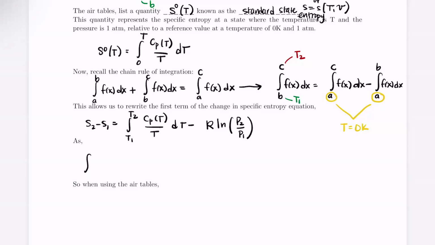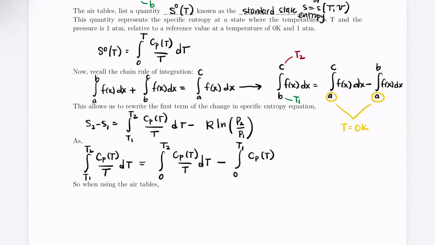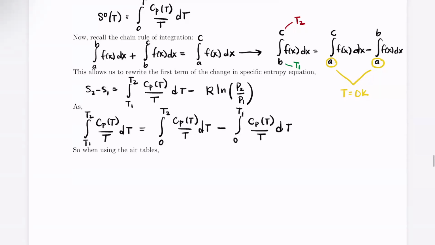The integral from T1 to T2 of Cp of T over T dT is equal to the integral from 0 to T2 of Cp of T over T dT, minus the integral from 0 to T1 of Cp of T over T dT, where this first term is the exact definition of this S0 value evaluated at T2.